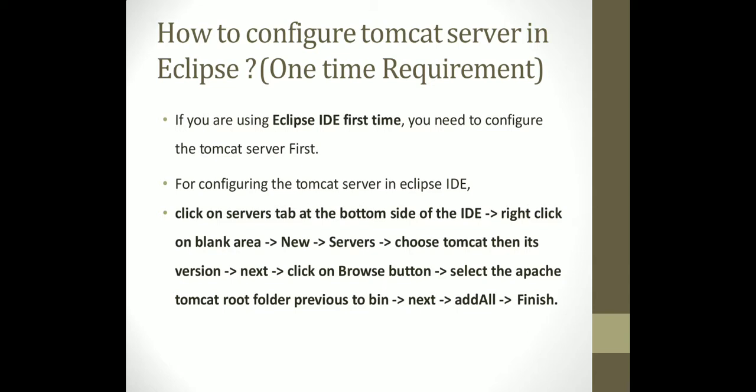For that, follow these steps: click on the Servers tab at the bottom of the IDE, right click on the blank area, choose New Server, choose Tomcat and its version, then Next, click on the Browse button, select the Apache Tomcat root folder, and it should be selected up to bin, then Next, Add All, and Finish.